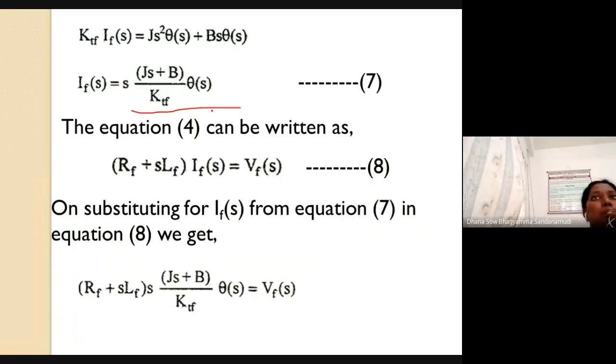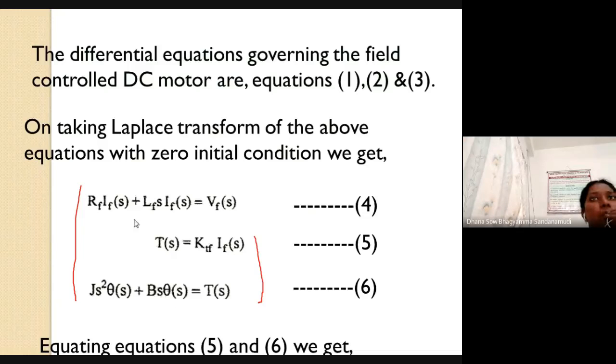Equation number 4, you rewrite by taking IF(S) common. Here IF(S) can be taken common.